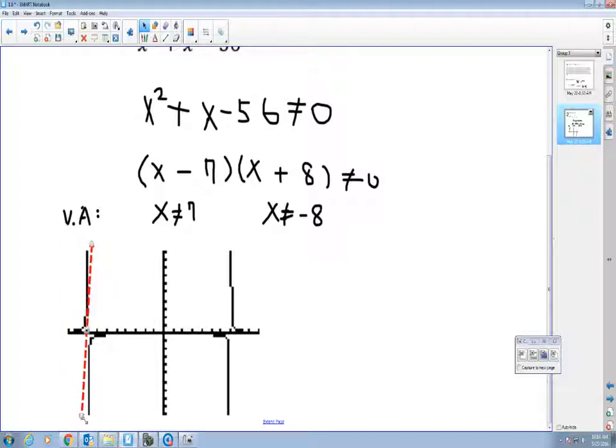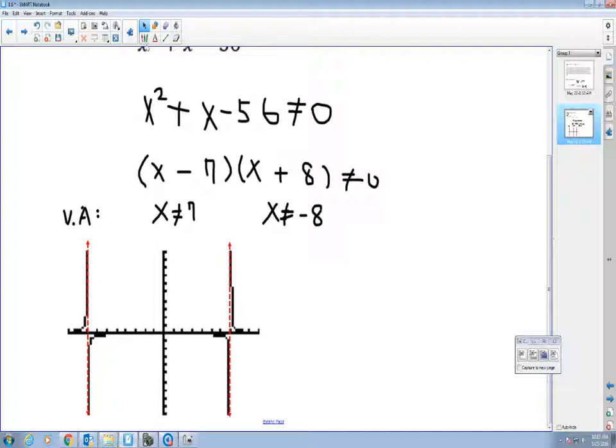So there's a vertical asymptote at x equals -8, right there. And then another one at x equals 7. Alright, those two are my vertical asymptotes. So my function does not exist at those two values.